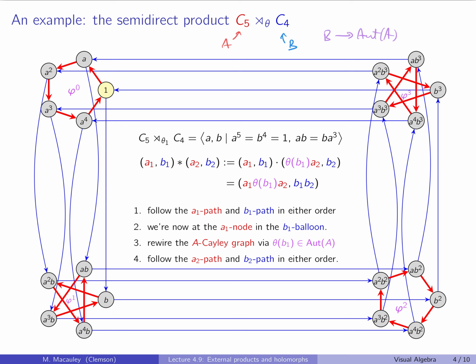If in the original group this was B to the 0, B to the first, B squared, B cubed, this map can be thought of as B to the i sent to theta to the i, where theta is the generator of the automorphism group.